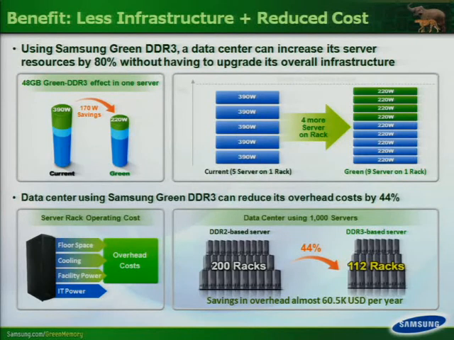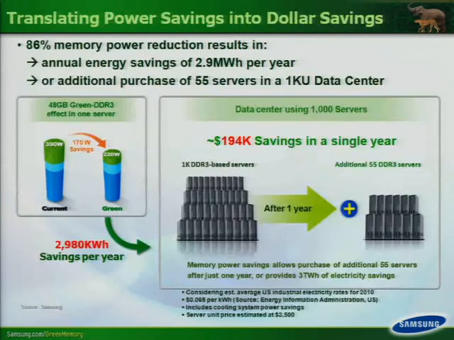In this particular case, 4 more servers. If you look at it also from the overhead costs on the IT space, looking at the floor space, the cooling, and the facility power per rack, we're also noticing that in about a 1,000 server entity, you're actually saving about 44% because you're eliminating the number of racks. So there are 2 ways of looking at this saving.